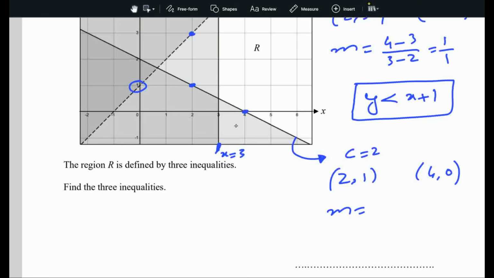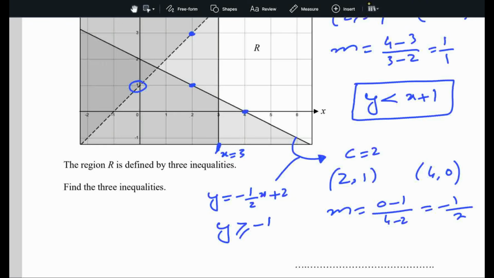So the gradient will be 0 minus 1 divided by 4 minus 2, which is minus 1 by 2. So the equation for this will be y is equal to minus 1 by 2x plus 2, and the inequality will be y is greater than or equal to minus 1 by 2x plus 2.